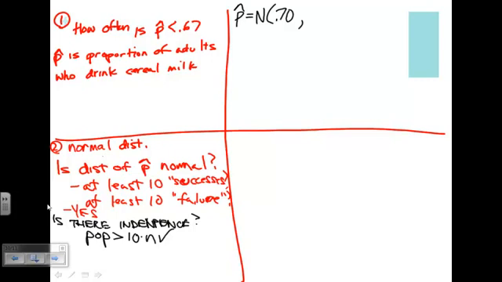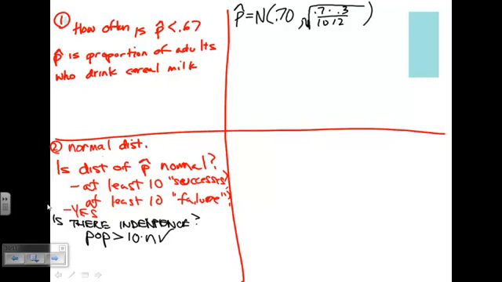And it has a standard deviation, which is going to be the square root of 0.7 times 0.3 divided by 1012. Is that the standard deviation, 1,012? No, the standard deviation is this whole square root.